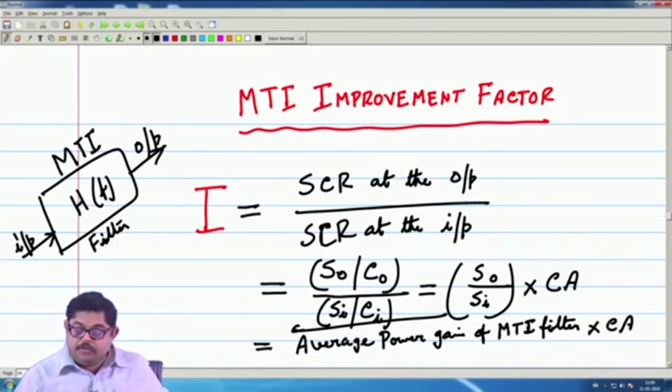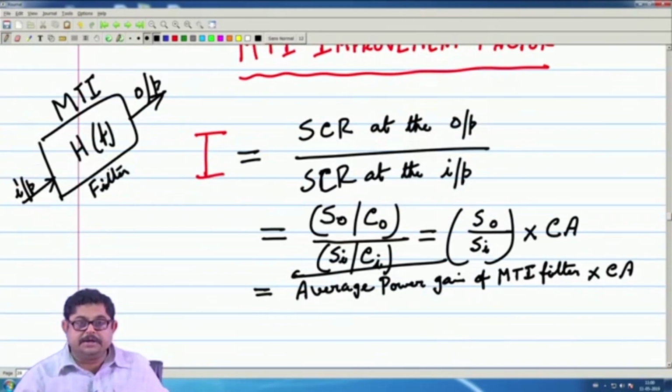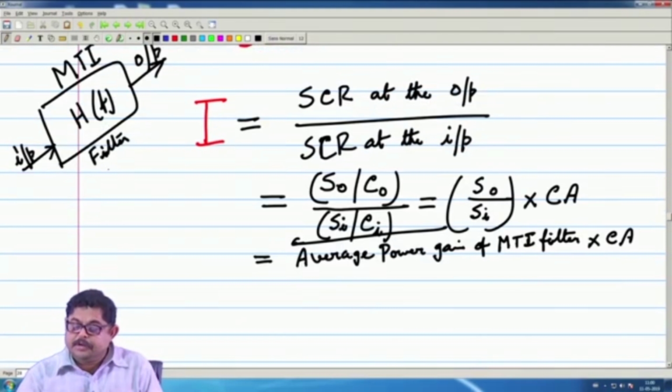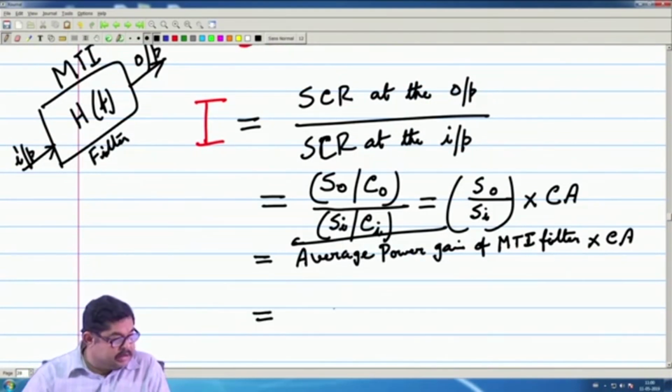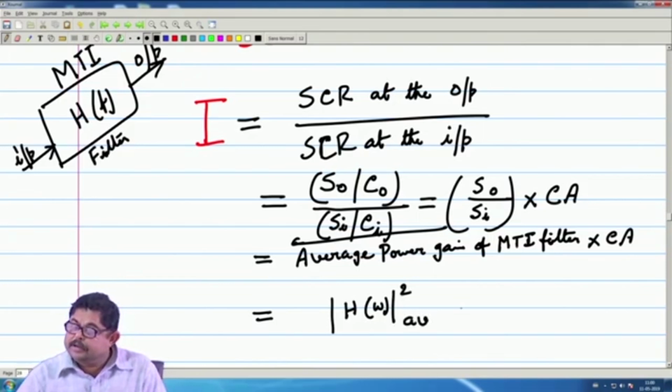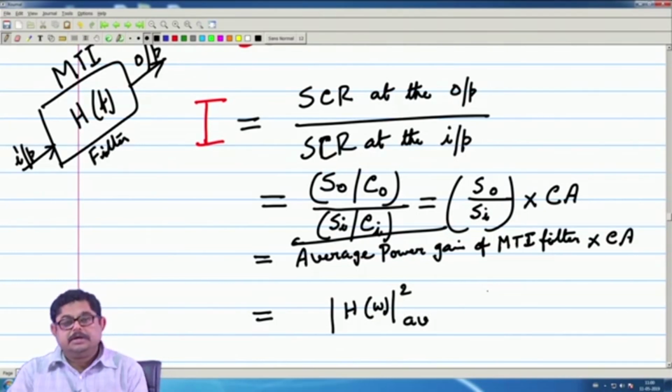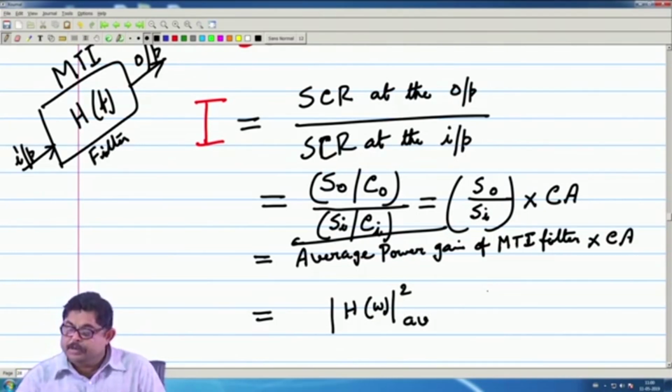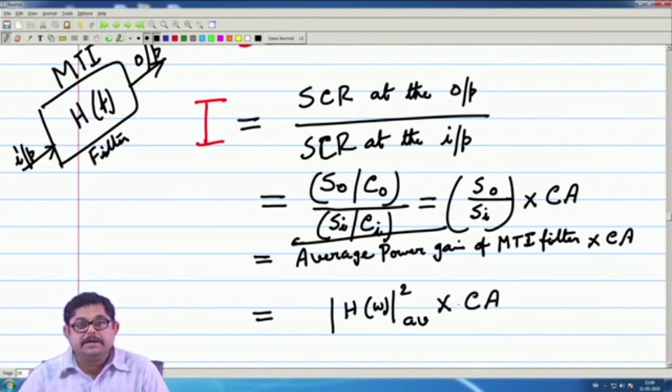So, we know if the transfer function is H f, this can be written as H omega square, but there should be an average. Why? Because at all the frequencies it may not be the same, so we will have to take some averaging.